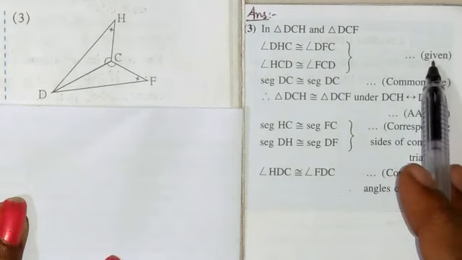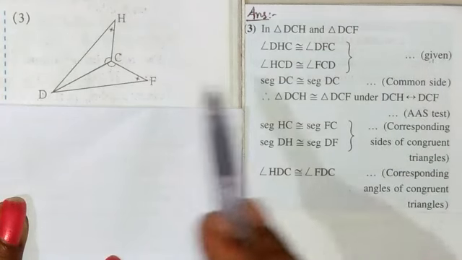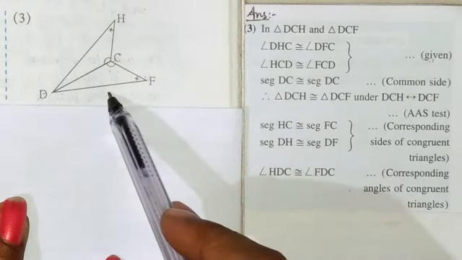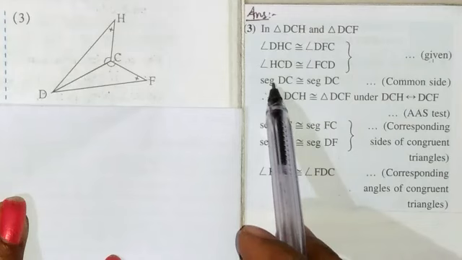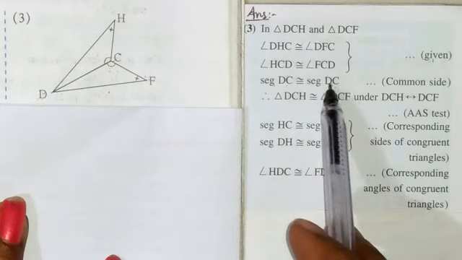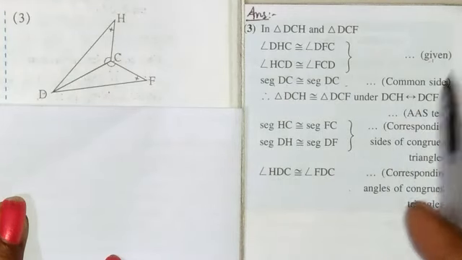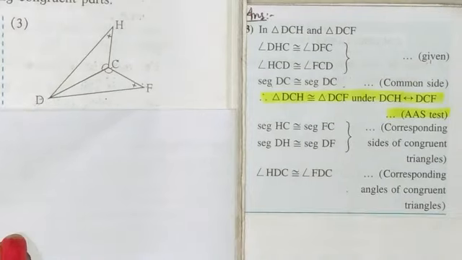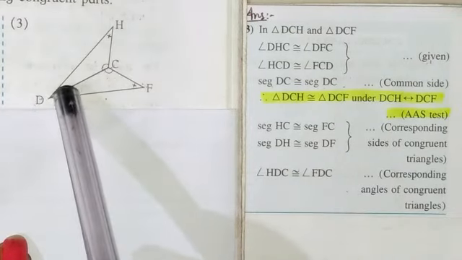That's why we have written it here this way. After that, side DC is common for both triangles, so its measurement is also similar. That's why we have written here segment DC congruent with segment DC, which is the common side of the triangles. After that, we have to mention the type of test, that is angle angle side.